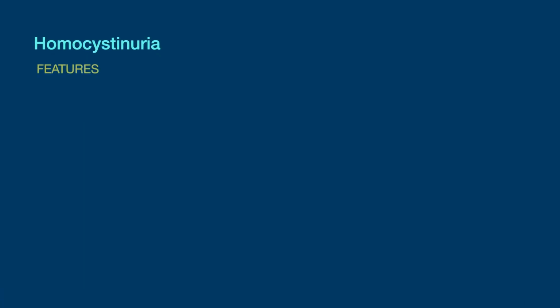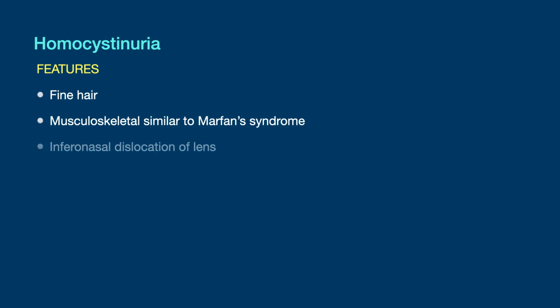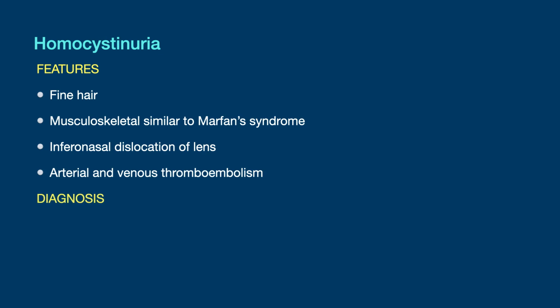Among the features seen in homocystinuria, they have fine hair. Musculoskeletal-wise, they may be similar to Marfan's. Inferonasal dislocation of the lens with arterial and venous thromboembolism. The diagnosis is made by cyanide nitroprusside test, which is also positive in cystinuria.